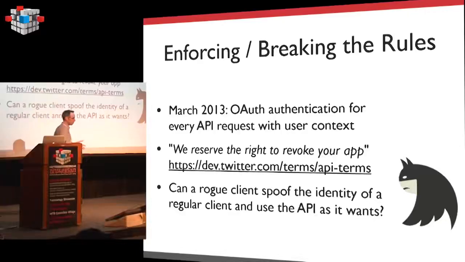So what technical means does Twitter have to enforce this policy? Well, since last month, every request has to be signed with some form of private key. And if your application does not respect the terms of service, then Twitter will simply revoke your keys and your application will stop functioning.